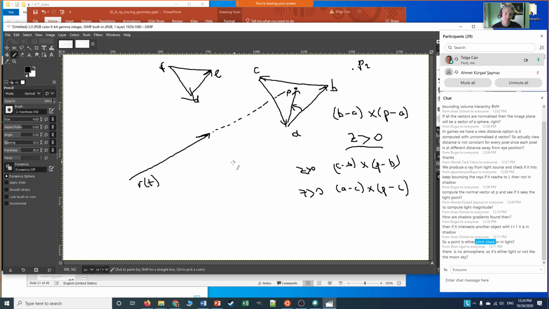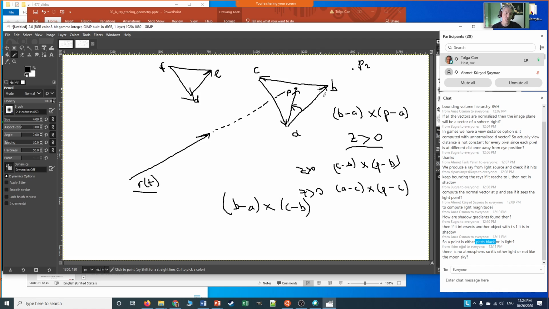So how do we generate the plane equation from these three points and intersect our ray with the plane? It's very easy actually. Since I have these two vectors, B minus A and C minus B, take any of those edge vectors and cross product them.